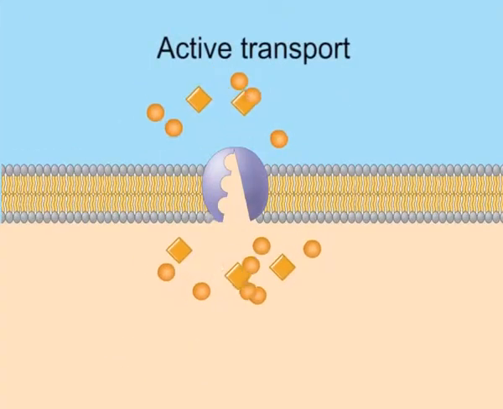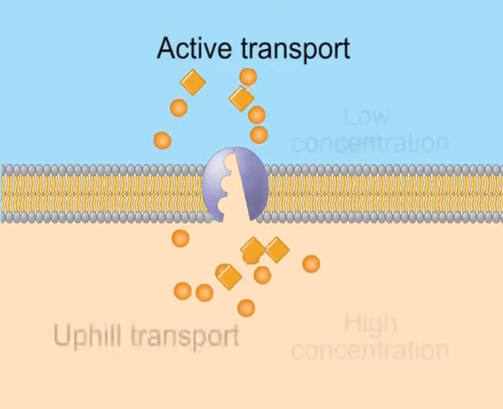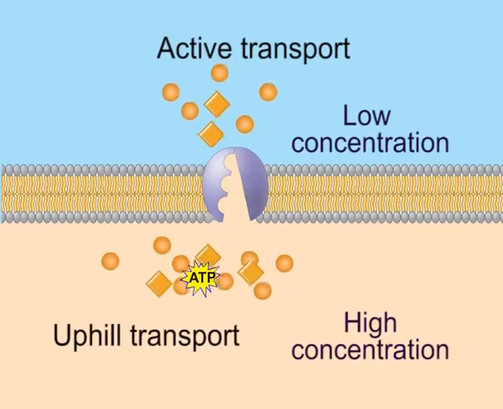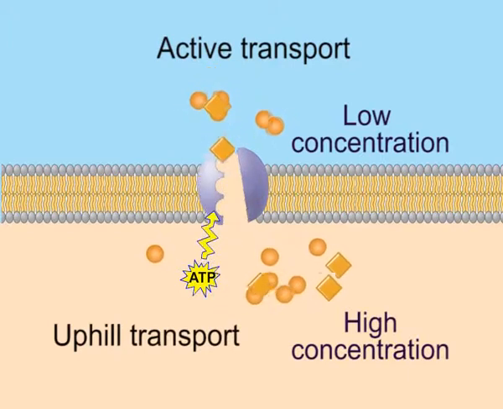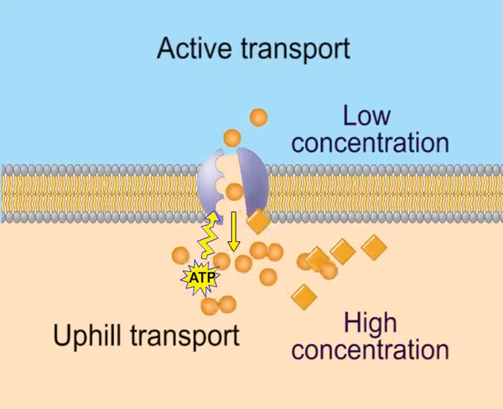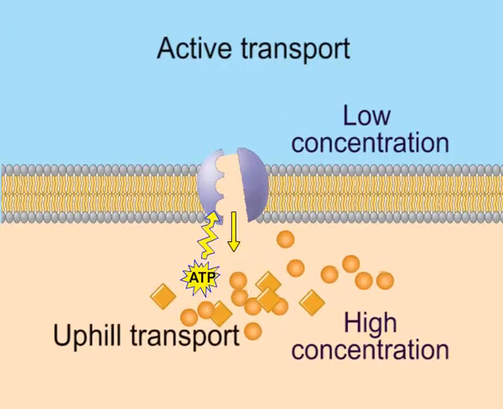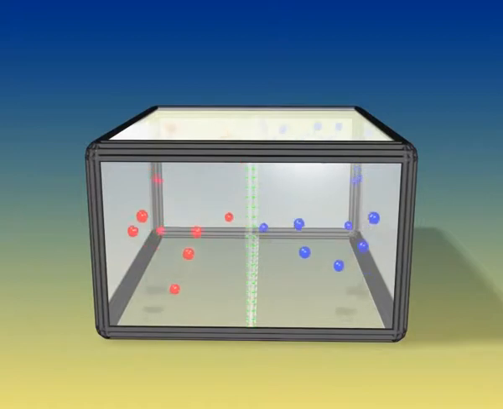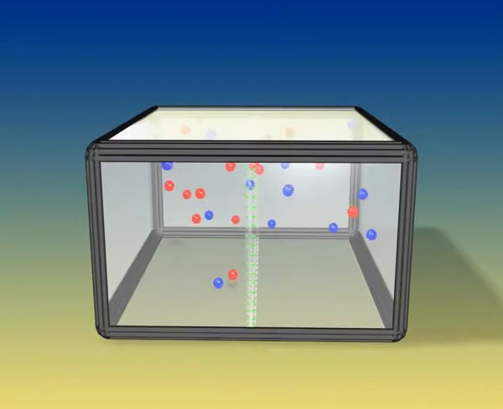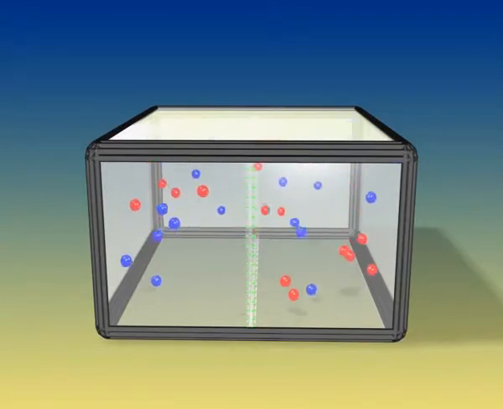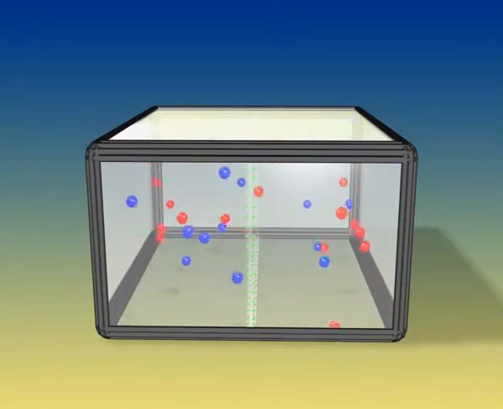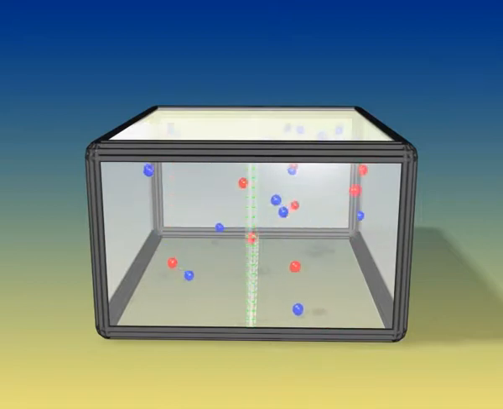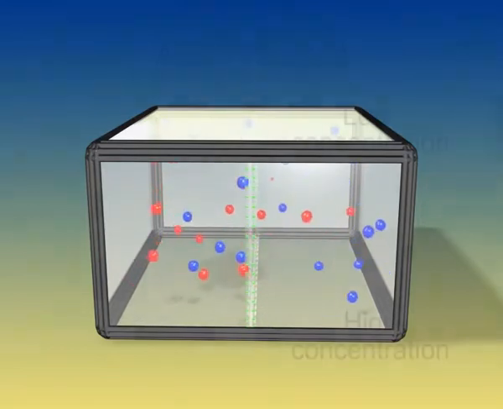Active transport process is basically an uphill transport process, means this process can transport substances from a low concentration to a high concentration, whereas in facilitated transport and simple diffusion, the net movement of particles of different substances is from an area of high concentration to an area of low concentration.